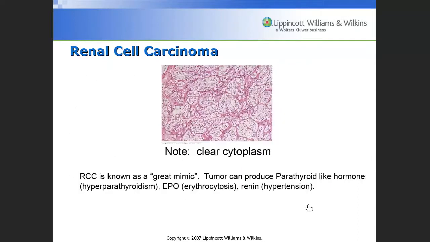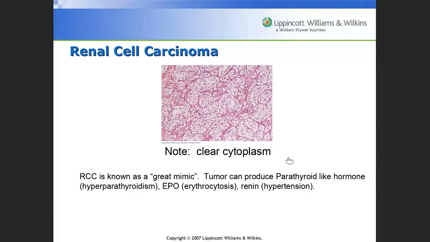All right. Now, renal cell carcinoma is known as the great mimicker because they produce PTH, they produce EPO, and they produce renin. Okay. So typically, you should know that the kidney produces EPO, right? And the kidney produces renin. So it's not surprising that these cells do put out EPO and renin.